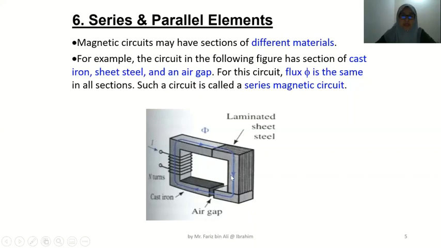Even though you have different materials in these same magnetic circuits, we can assume that your flux remains the same because you have a series configuration magnetic circuit.